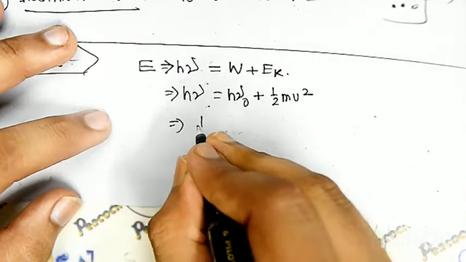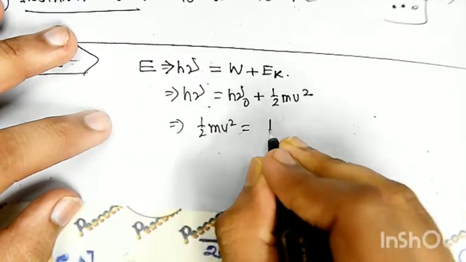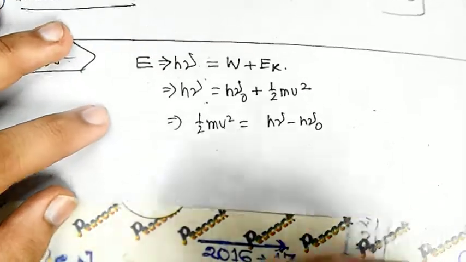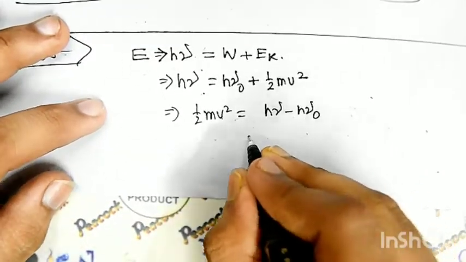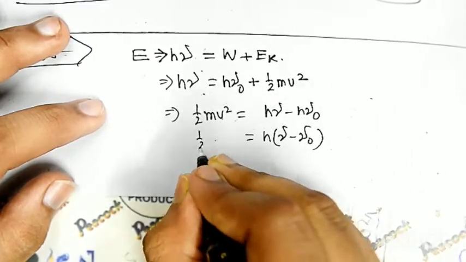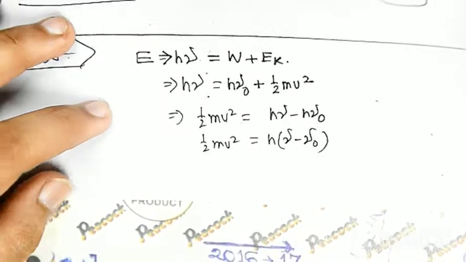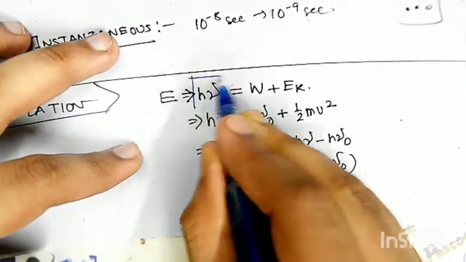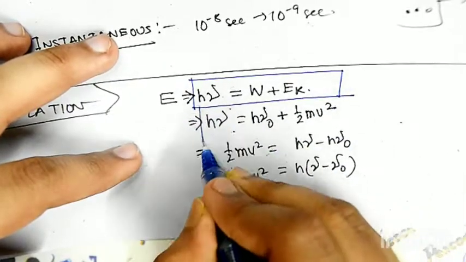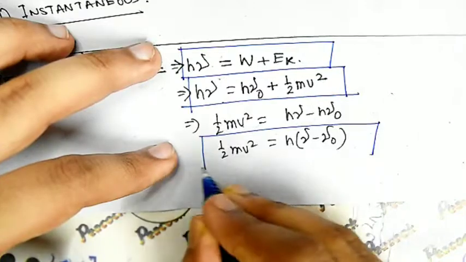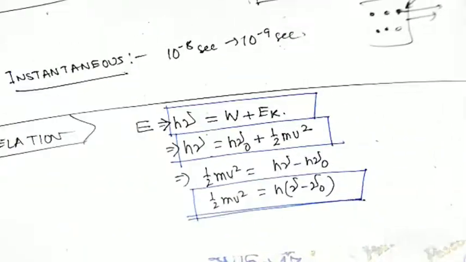So I can write half m v squared equals h nu minus h nu 0, and taking h common, h times (nu minus nu 0). So these are all energy equations. If I change sides, this is also an equation of energy.